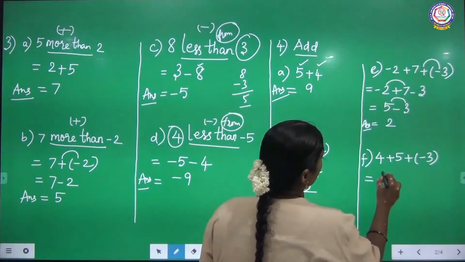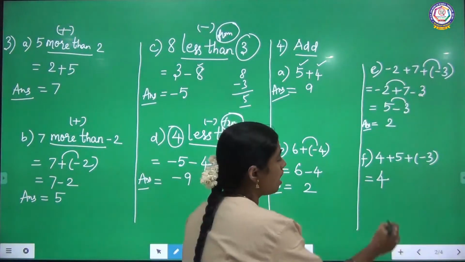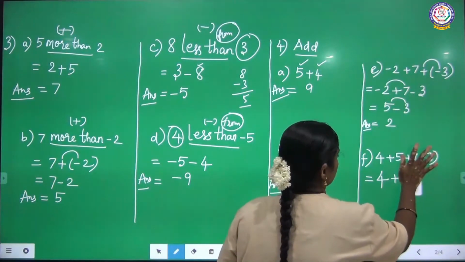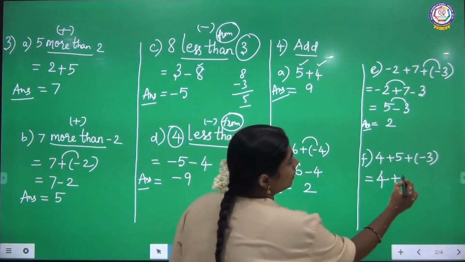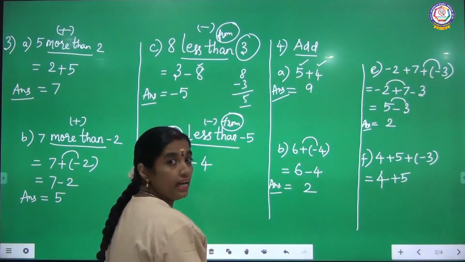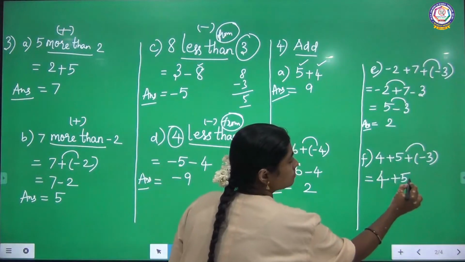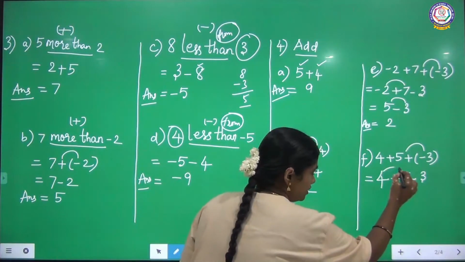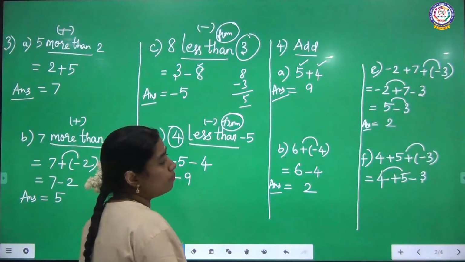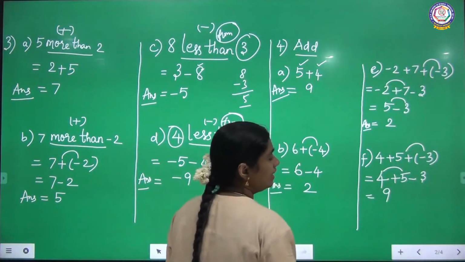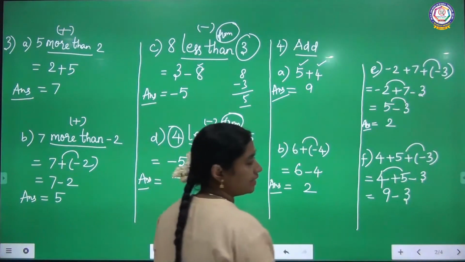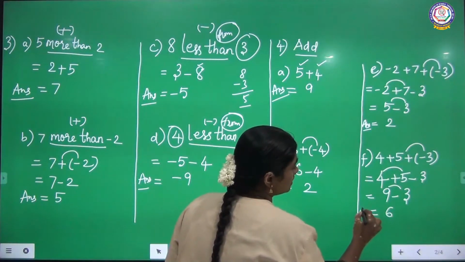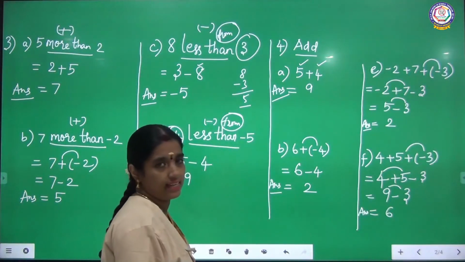Now listen, here also remove the bracket. 4 plus 5 plus into minus 3. Got it? First you simplify these 2. 4 plus 5 is what? 9. 9 minus 3. Now you simplify these 2. 9 minus 3 is what? 6. So the answer is 6.